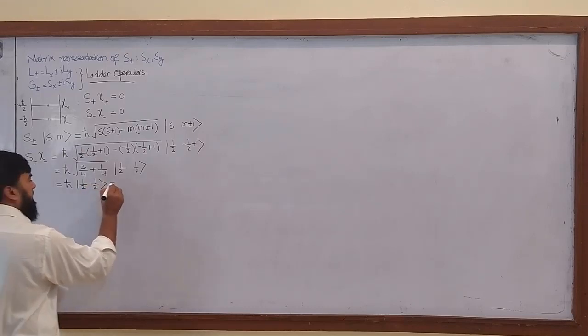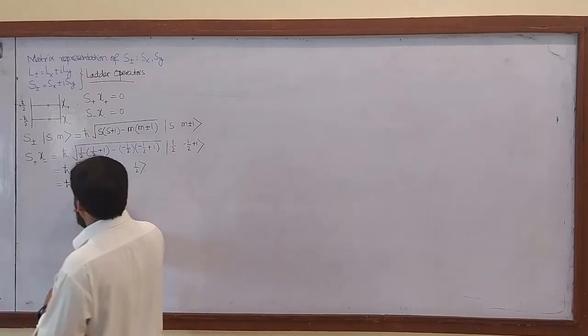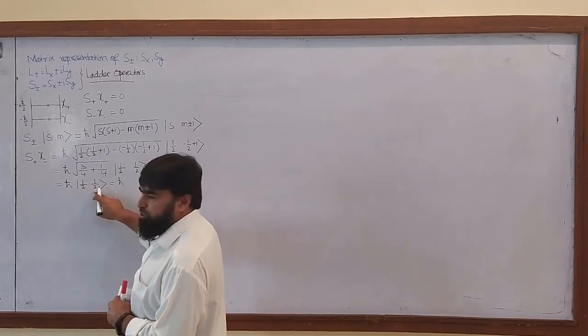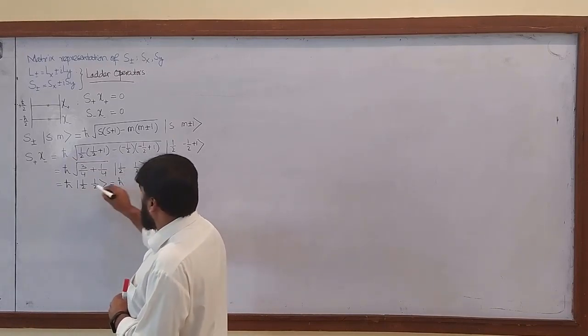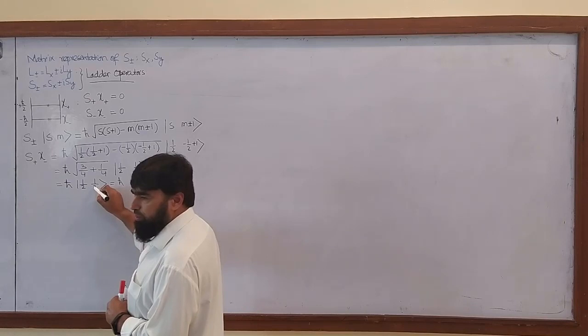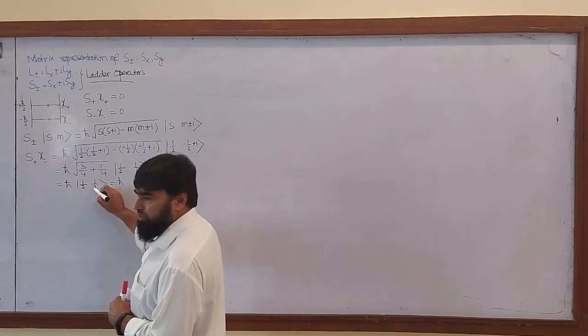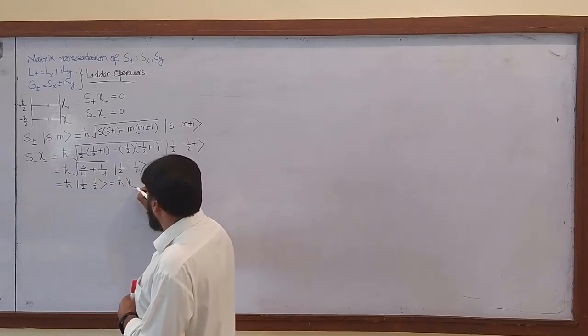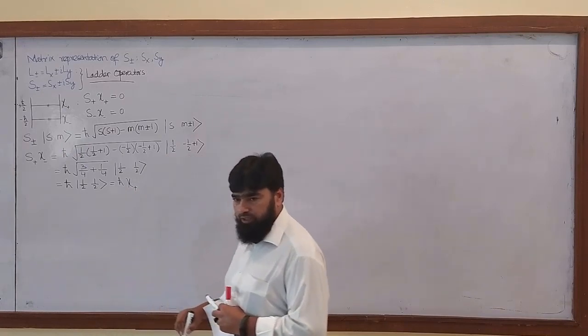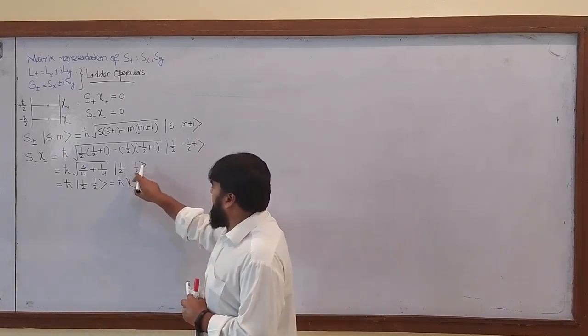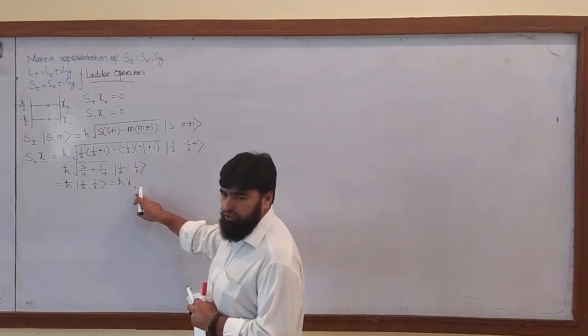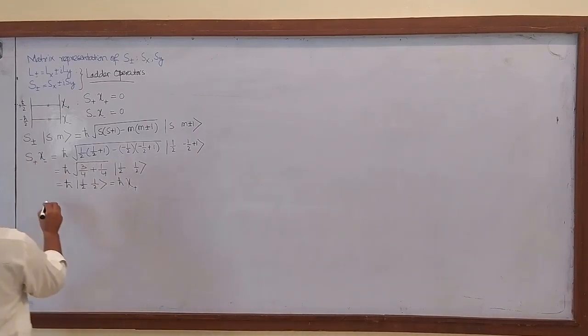What is this thing then? H bar, half is which state? Chi plus or chi minus? Chi plus. Right? Half minus half is chi minus. So what does this tell you?